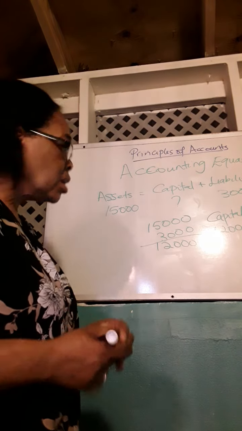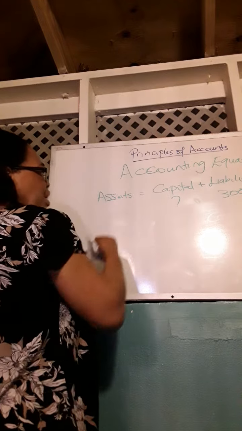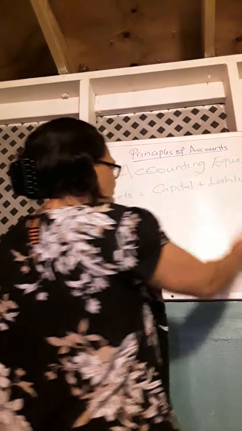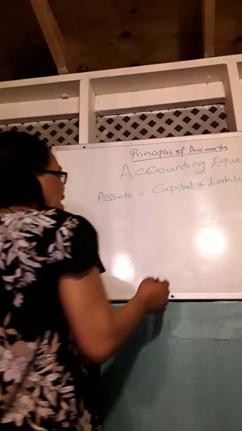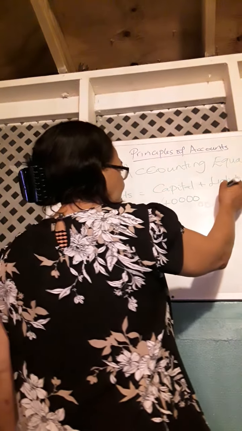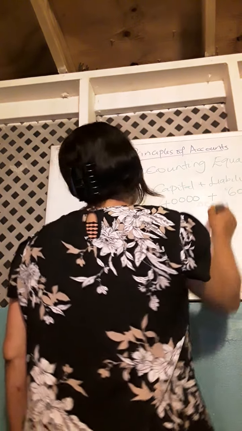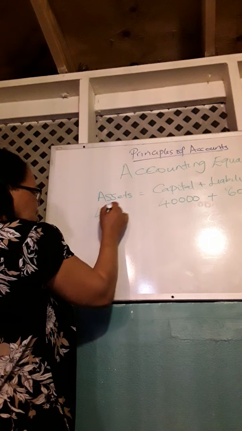That's one. Okay, let's say they give me my capital and the liability, and capital was 40,000, liability is 6,000, then my asset is going to be $46,000.